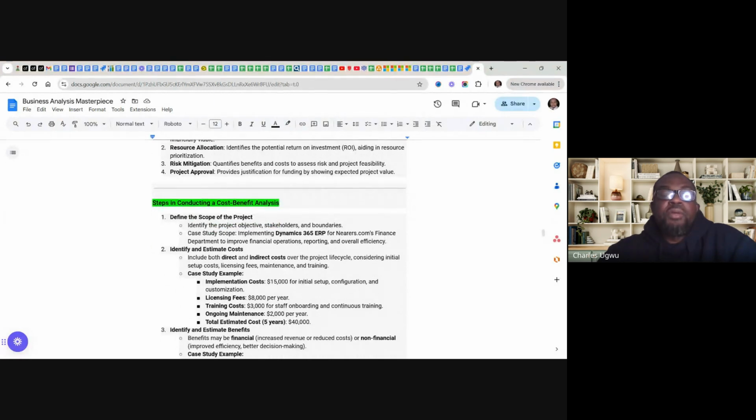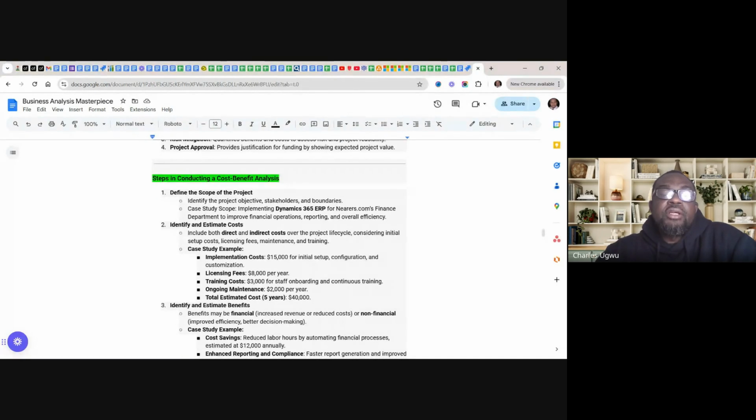If you want to perform a cost-benefit analysis, the first thing to do is to define the scope of the project: identify the project objective, stakeholders, and boundaries. Looking at the case study we will be using, implementing D365 for NERA's finance department to improve financial operation, reporting, and overall efficiency.